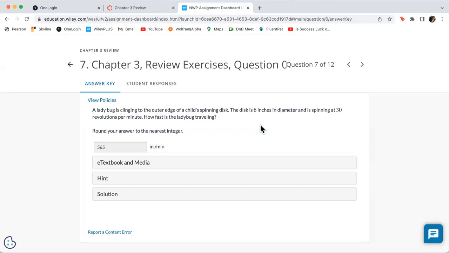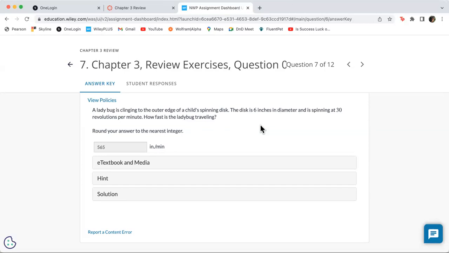So the diameter is 6 inches, so the radius is 3 inches, and our angular speed is 30 revolutions per minute.